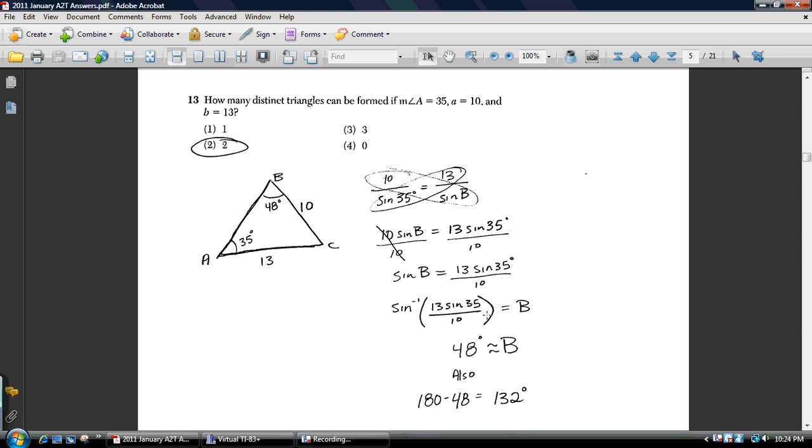And if the law of sines doesn't work to begin with, then the answer is 0 triangles. But in this particular case, you solve the law of sines, you find out that B is approximately 48, and another alternative for B, 180 minus 48 is 132, also works. It leaves me enough left over for C, and so there are two triangles that are possible.